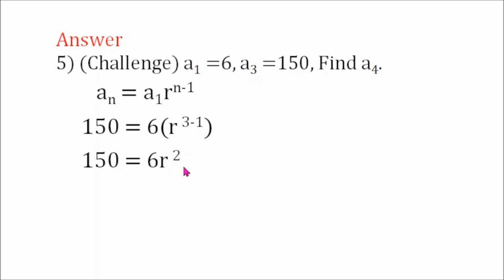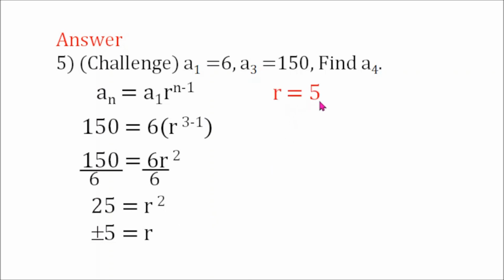Now dividing both sides by 6, we have 25 equals r squared. Now to find r, we get the square root of both sides, so r equals positive and negative 5.